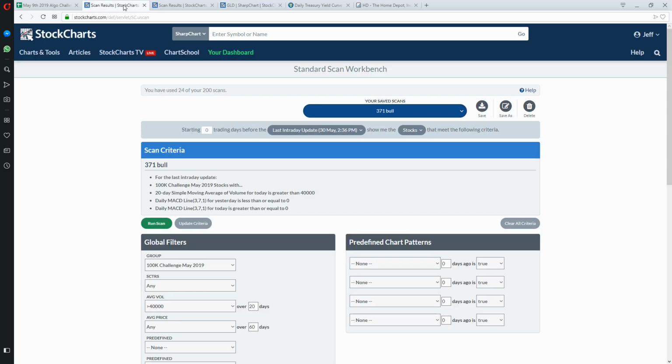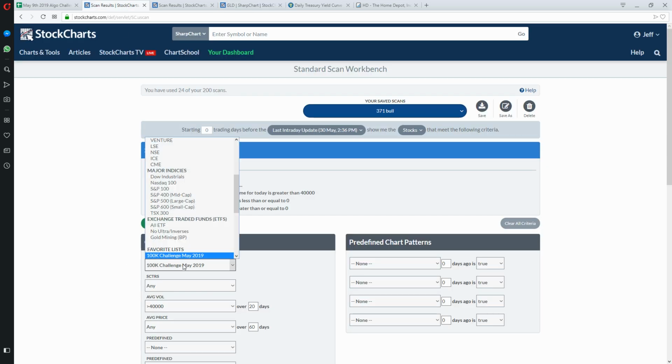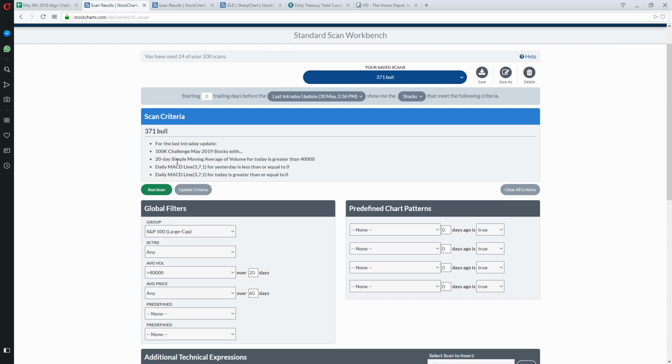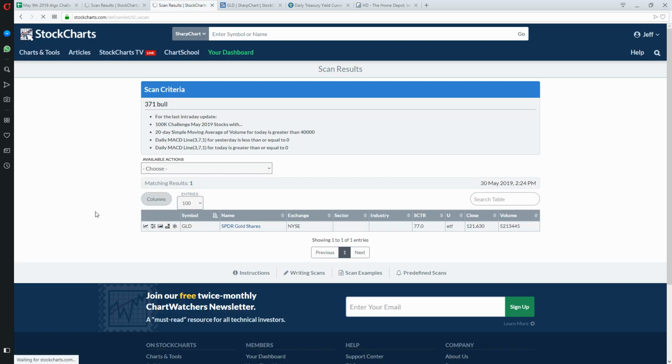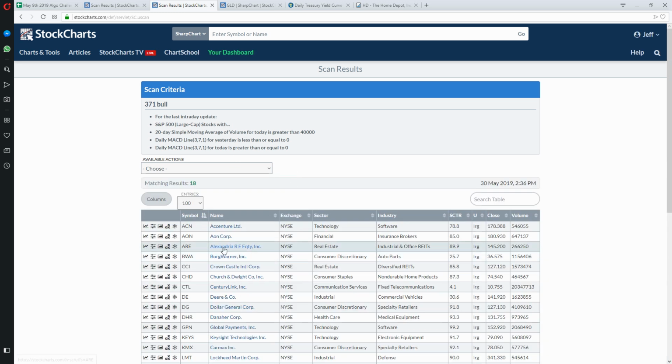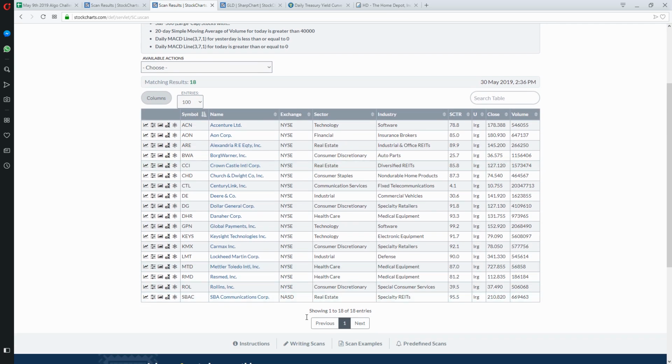Now I was asked to show the scan on the 39.1 for not just the watch list, but for the S&P 500. So let me do that real quick. I'm going to run this scan. This is for the bullish 3-7 crossovers on the S&P 500. You can see there are 18 stocks here today. Accenture, Borg Warner. Interesting, Borg Warner there.